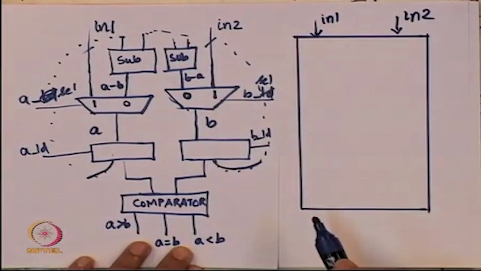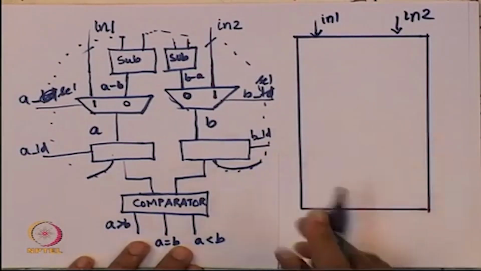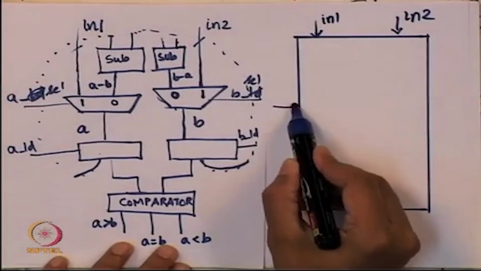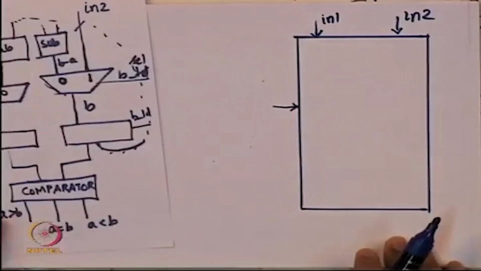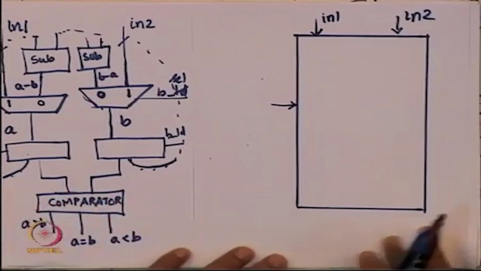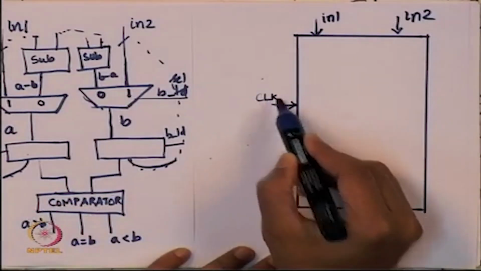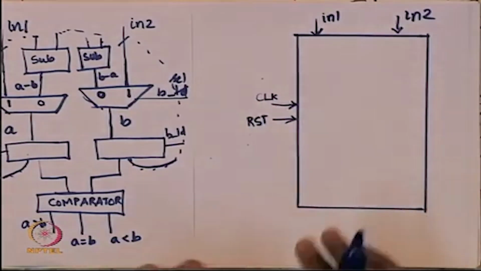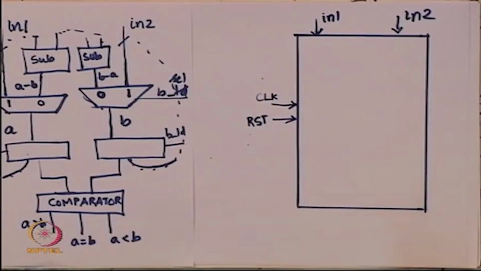Then I always have a clock that is going to come in, because this is a sequential circuit, right. So, let me remove this picture. I will keep it on the side, we will use it later. We will need a clock and we will need a reset signal. For any sequential circuit, it is always good to have a reset signal also, and we have a clock. Besides these things, there are a few other things that are required.